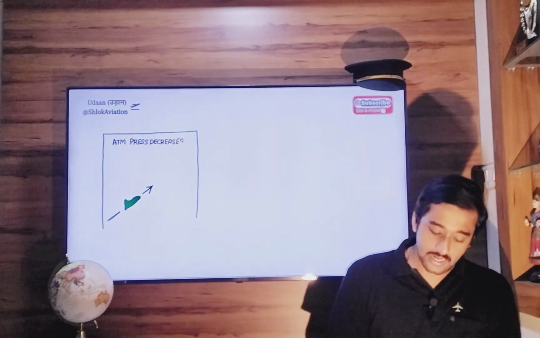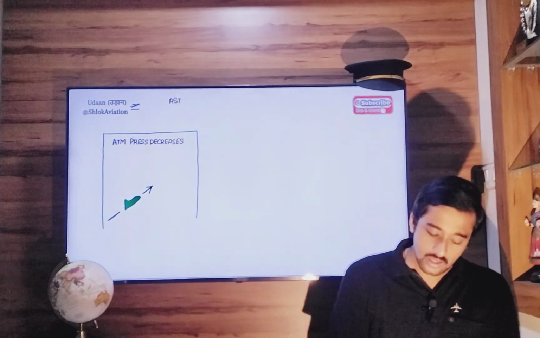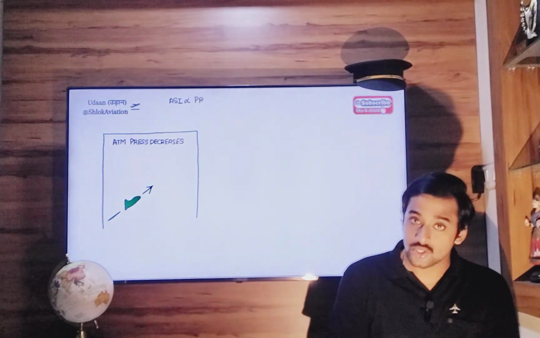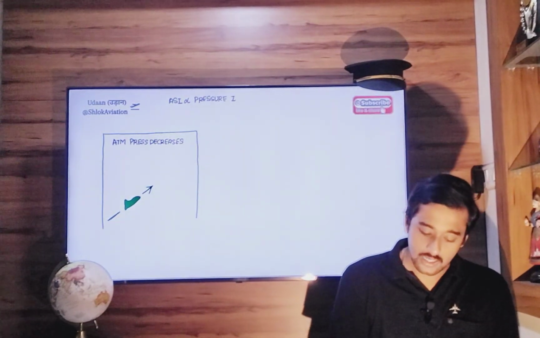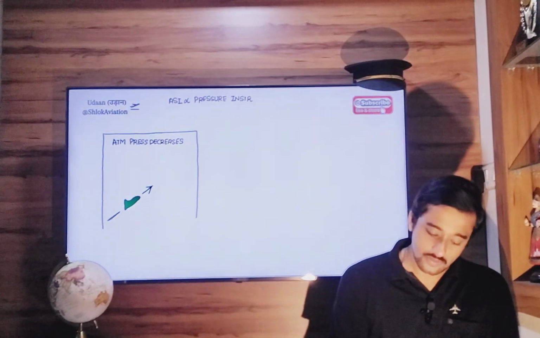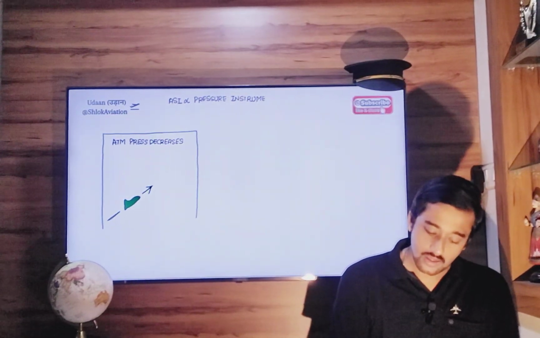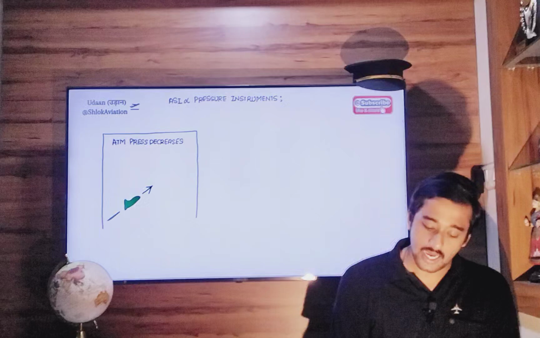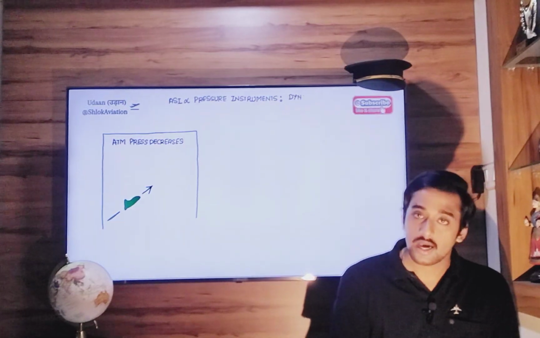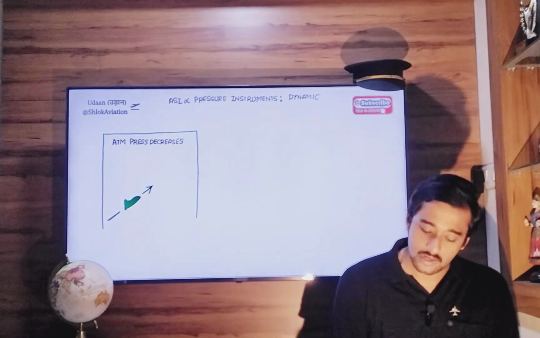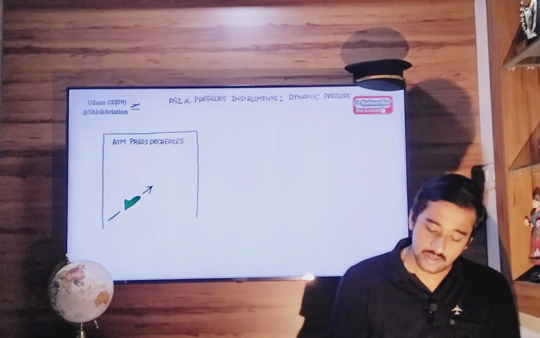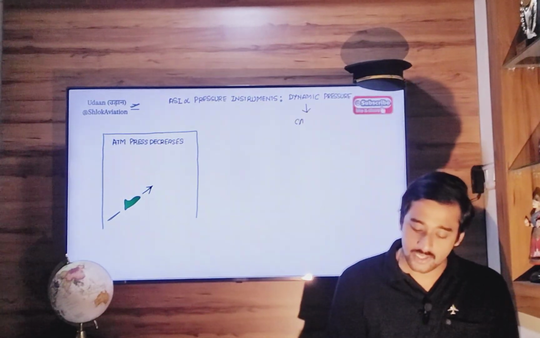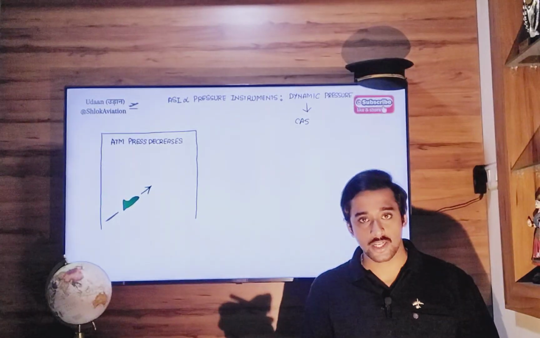Now your airspeed indicator is nothing but a pressure instrument, right? It registers dynamic pressure, and this dynamic pressure is your indicated airspeed or calibrated airspeed, which is corrected for position error and pressure error.